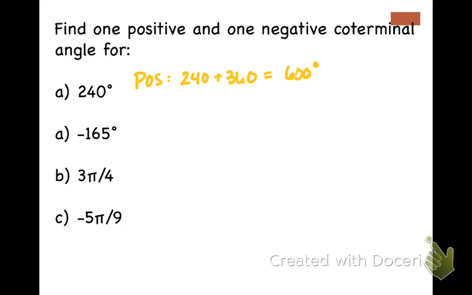So that's a positive one. To get a negative one, I can subtract. So I can do 240 minus 360. That gives me negative 120 degrees.